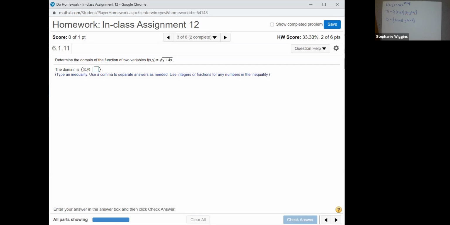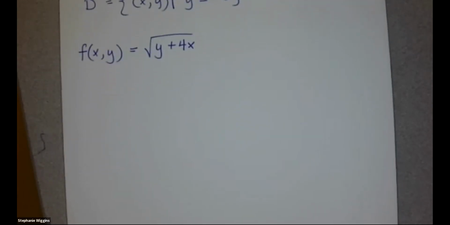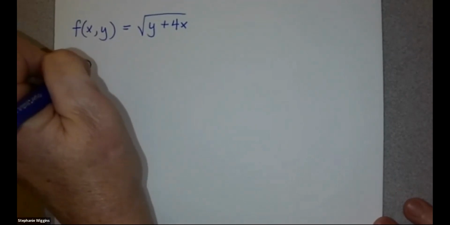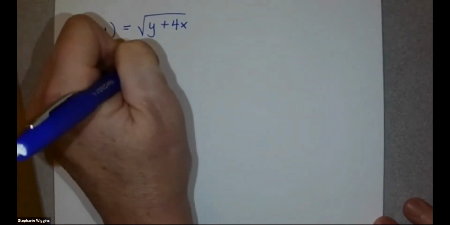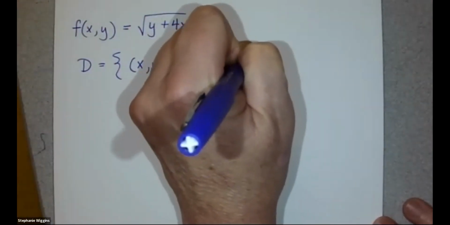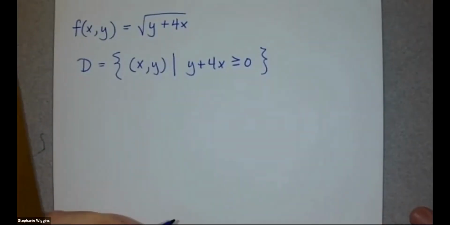Okay, again, we have in this function a radical, f of x, y equals the square root of y plus 4x. So we're looking for the domain, and it's going to be any ordered pair x, y, but with the restriction that y plus 4x must be greater than or equal to 0, because that's the radicand.